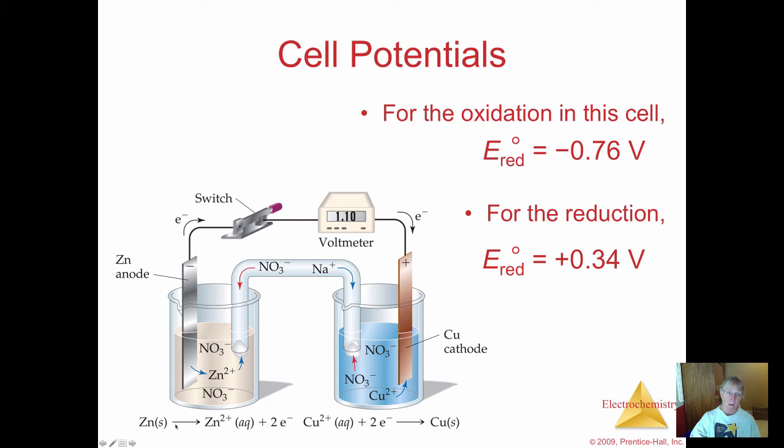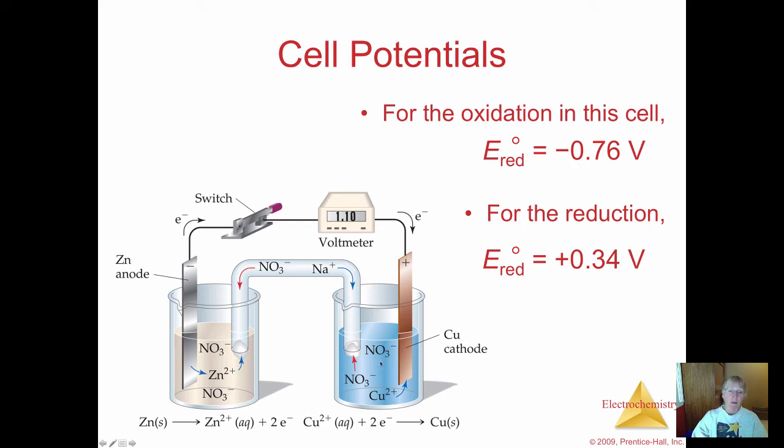Now, yes, I know this is an oxidation reaction, but we're going to flip it to find it on the chart, and we're going to go backwards. If I go and look at the chart, the reduction potential is going to be at the oxidation side, written backwards. From that chart, you would find a negative 0.76 volts.